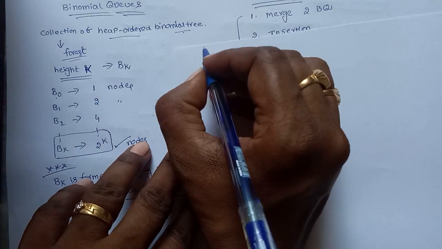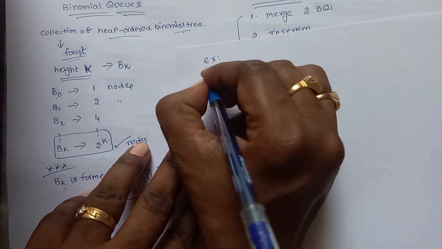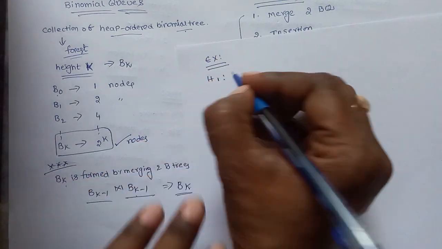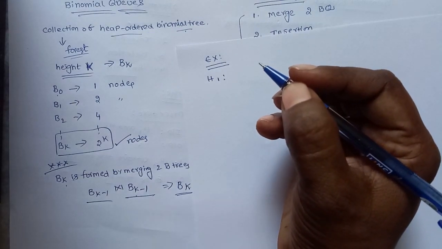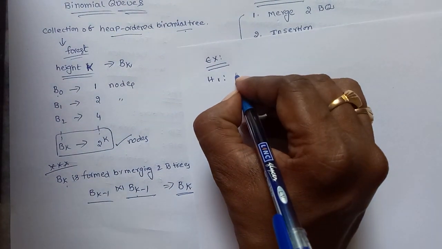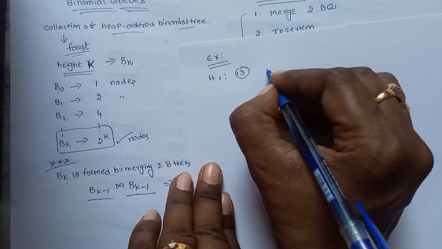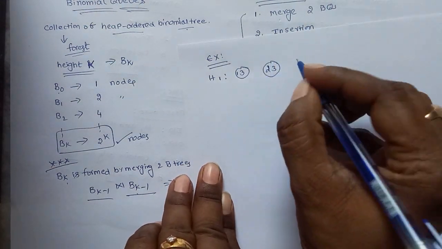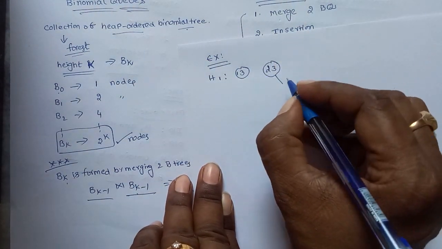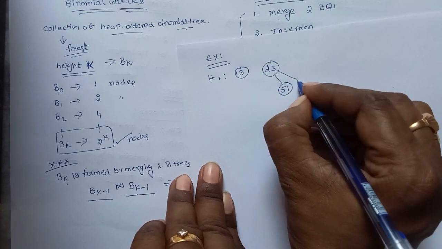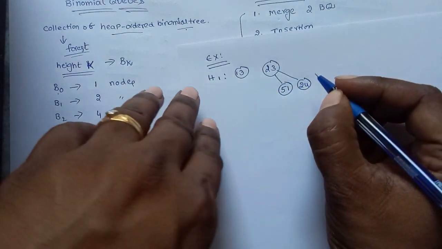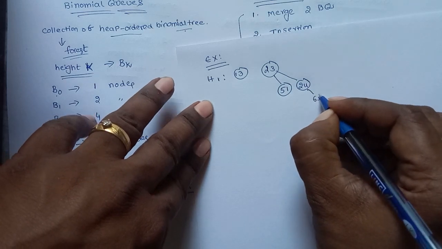Now consider an example. Suppose H1, I am considering an example. H1 is equal to 13, 23, 51, 24, 65.